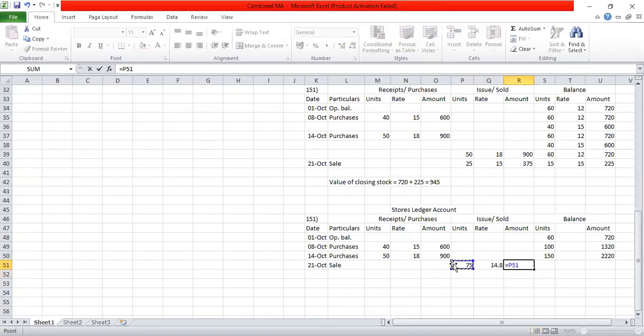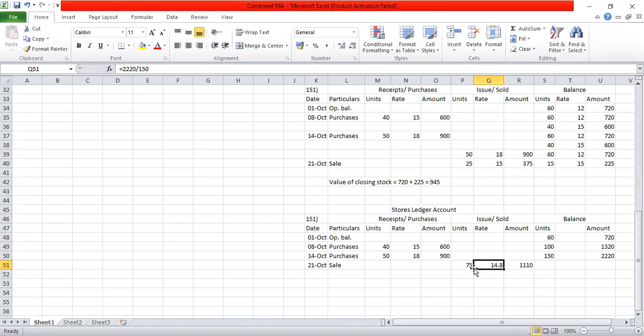Just check whether I've done it correctly. Okay. The number of units sold is 75. 75 of them will be valued at a rate of 14.8. But how did we get that? The total value of all the 150 units is 2220. So per unit, how much would it be? 2220 divided by 150 units gives 14.8.